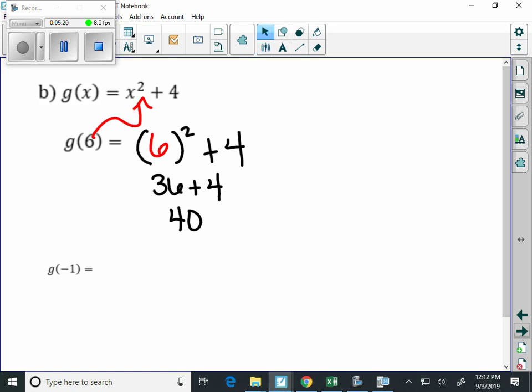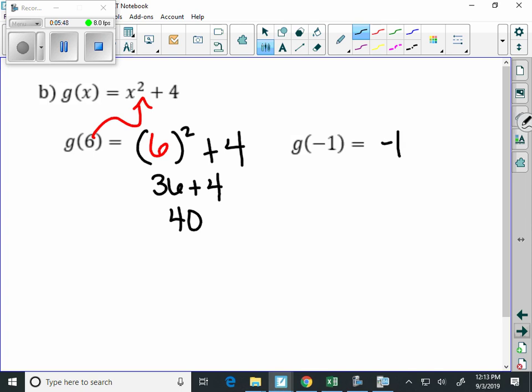But we're not limited to only one input. Our next value underneath there on your notes says g of -1. I'll slide it up here, but the process is still the same. This time our input is -1, so we're going to replace the x in our g function with -1. So this time it's going to become -1 squared plus 4.